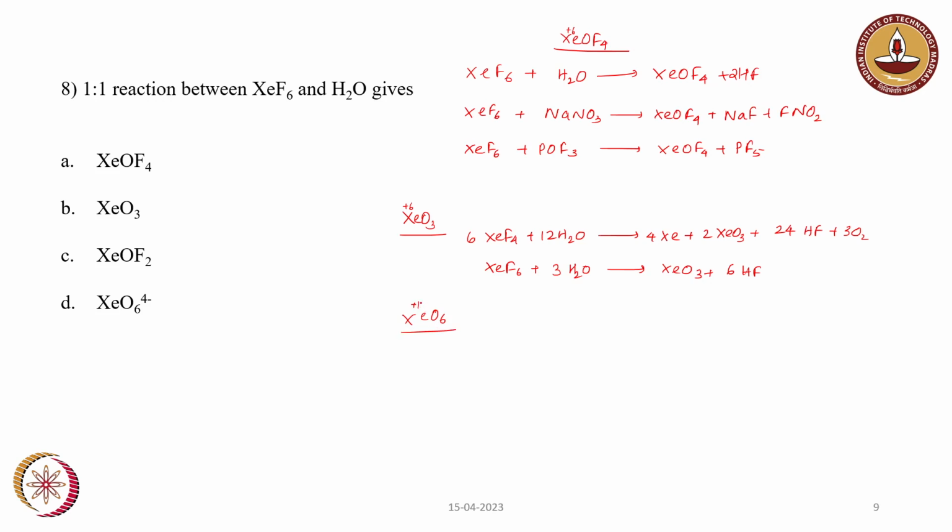So here it will be plus 12. XeO3 plus OH minus will give xenate anion, which is XeO3 OH minus, which is xenate, and this anion reacts with OH in aqueous solution to form HeO6.